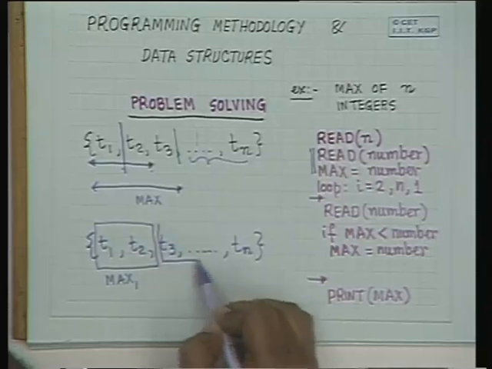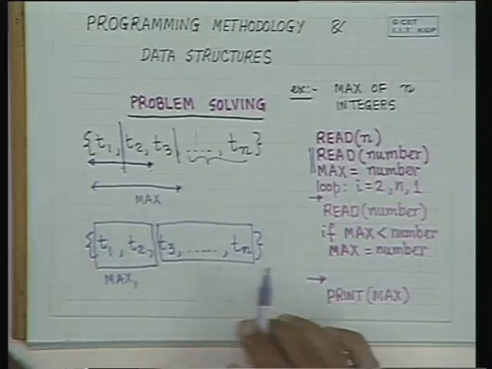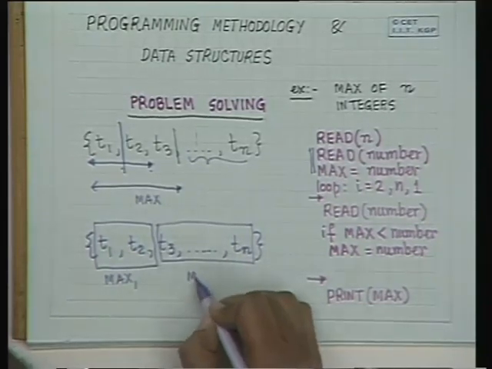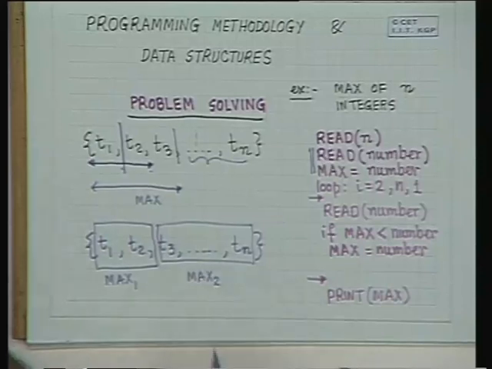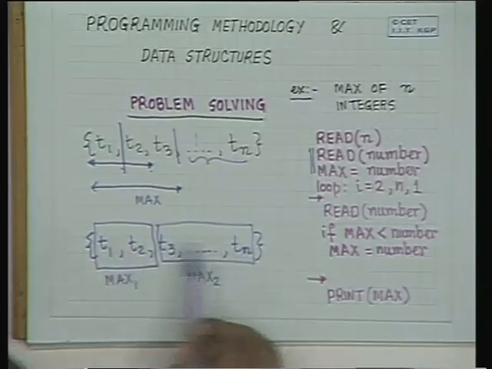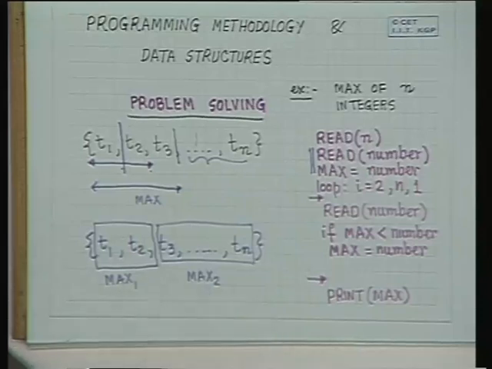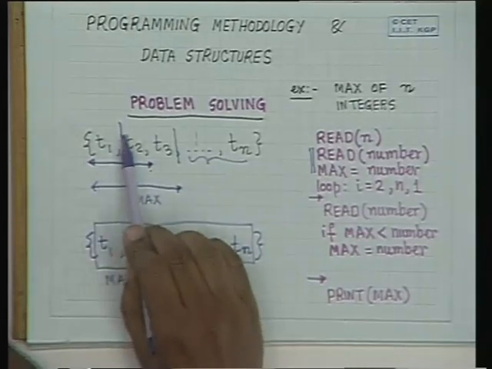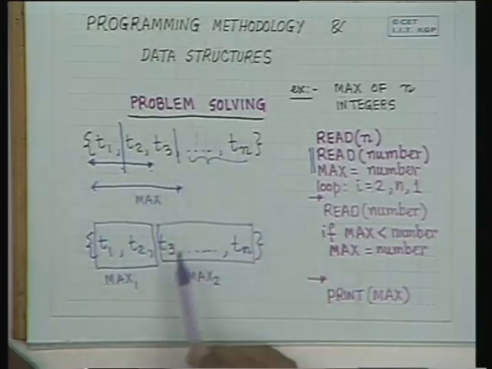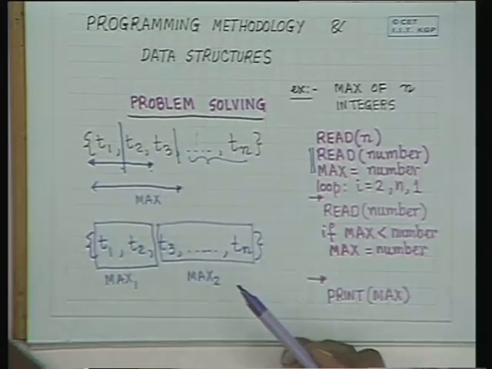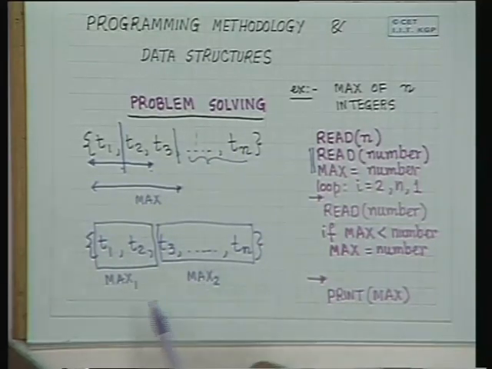I could have solved this problem independently and obtained a value called max2. And the solution to the whole problem would be the larger of the two. So rather than decompose it step by step like this, we could have decomposed it in any other way, and we would have yet got the solution to the problem.